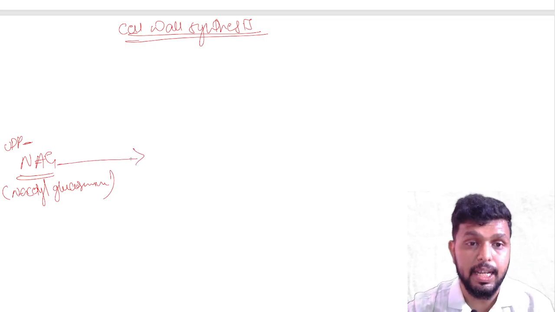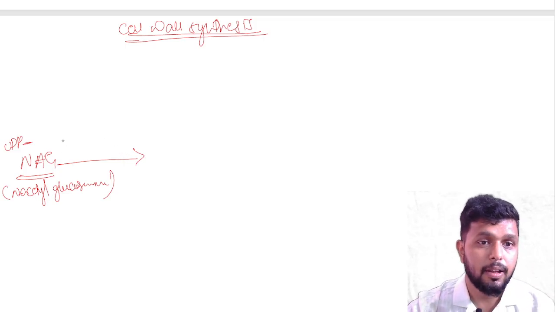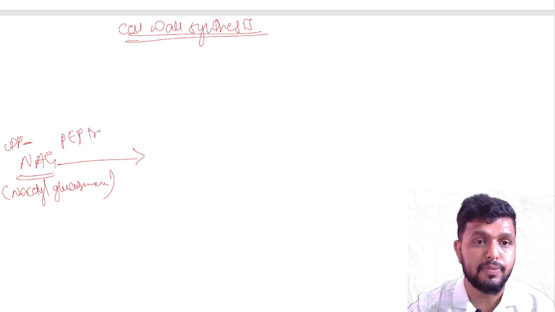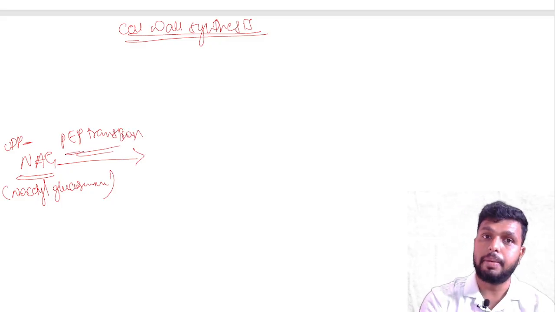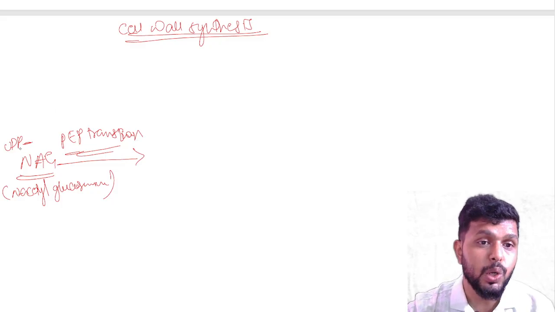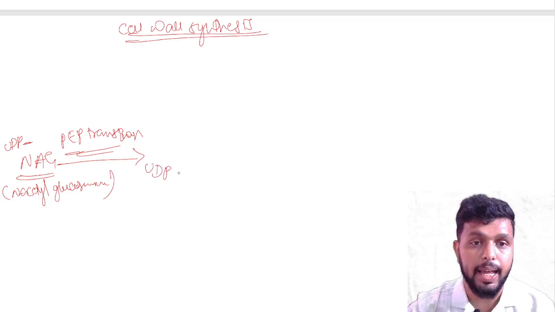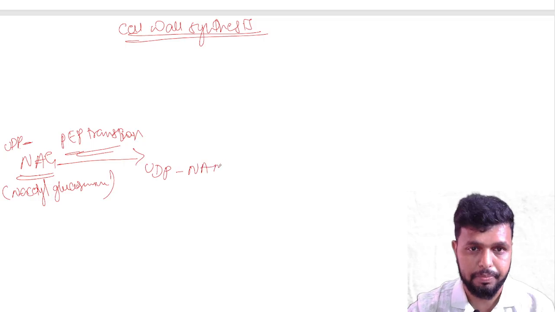Here, one enzyme present inside the bacteria, phosphoenol pyruvate transferase, helps in the conversion of UDP N-acetyl glucosamine to UDP N-acetyl muramic acid.